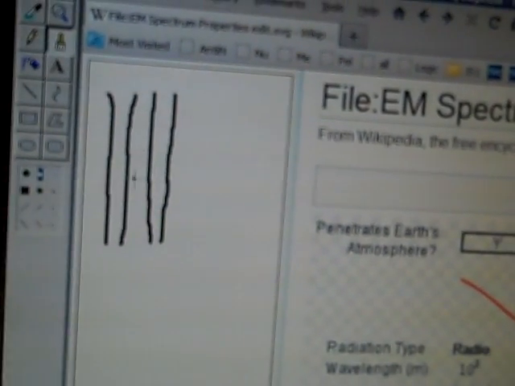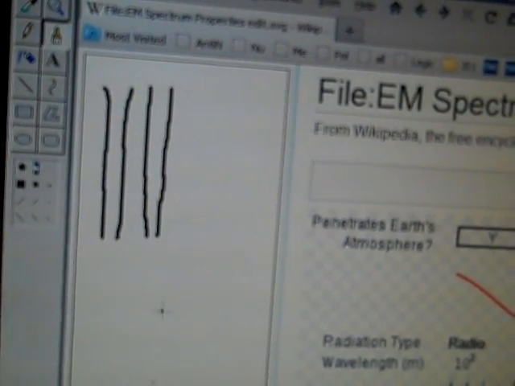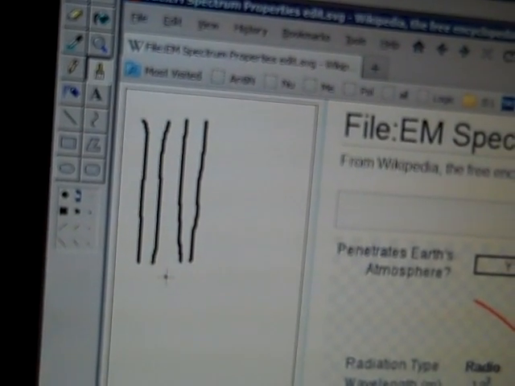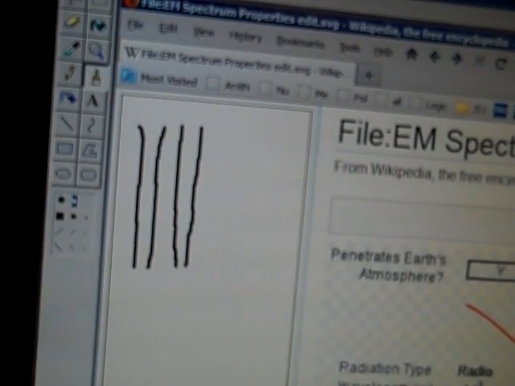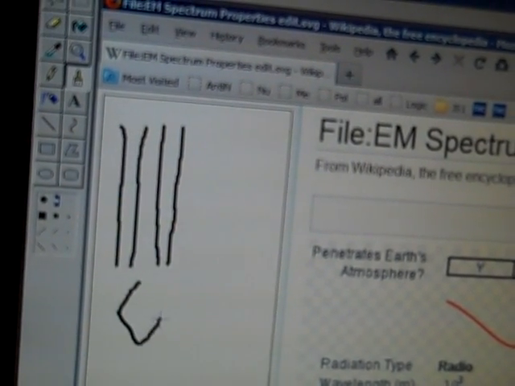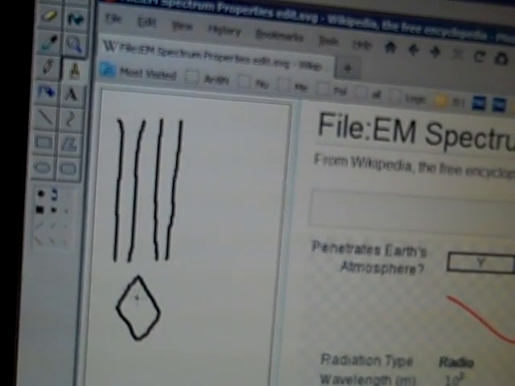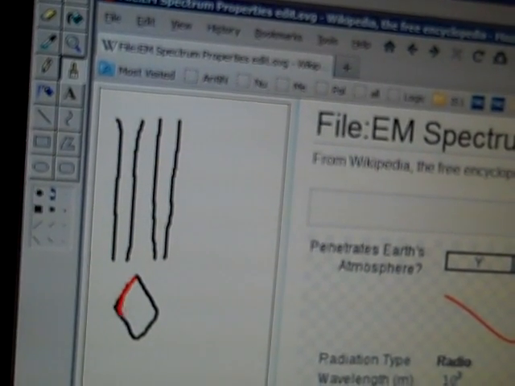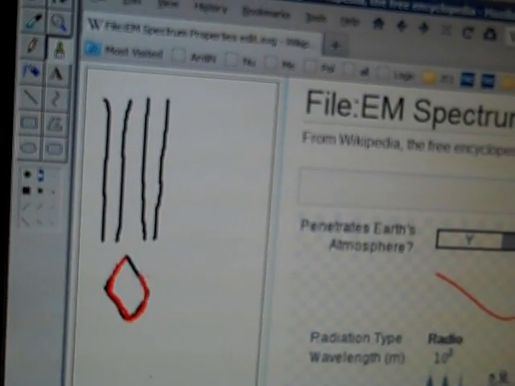The only reason some light couldn't get through is because I think it's shaped like something. I just put a little red on top of the black. There we go.